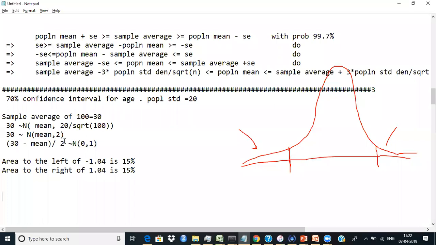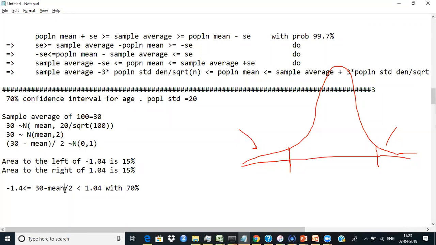Okay, so this quantity, 30 minus mean divided by 10, lies between minus 1.04 and 1.04 with 70% confidence, right? And you can get the confidence interval of the mean now.